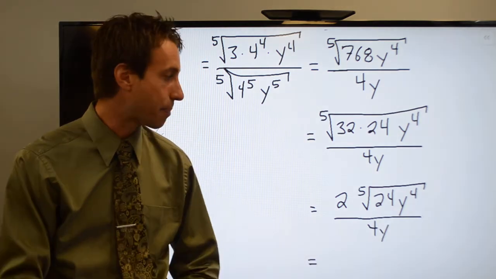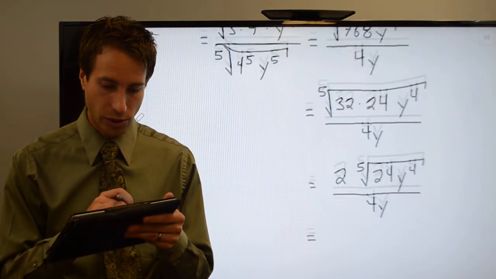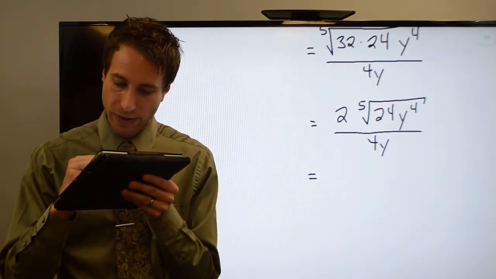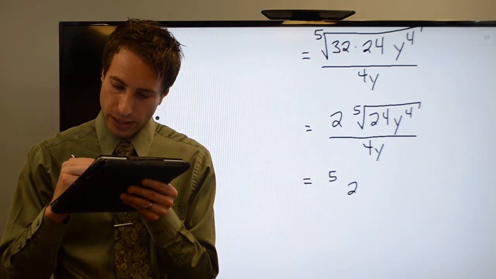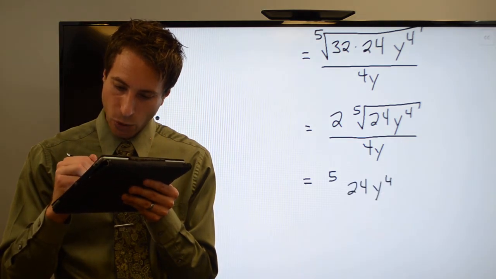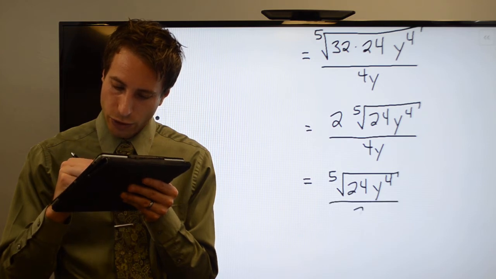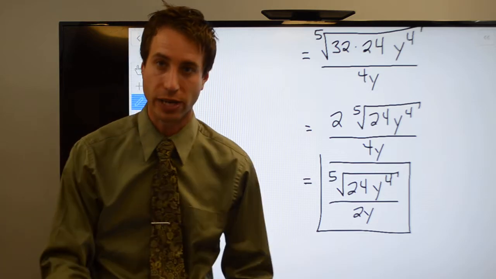Because now what happens is the 2 and the 4 are going to reduce, right? The 2 goes away, you're left with a 2 in the bottom, and so you have the fifth root of 24y to the 4th all over 2y. And that's going to be as far as you can go.